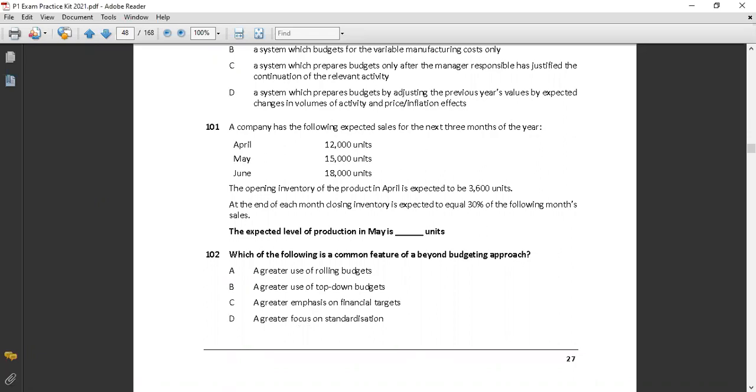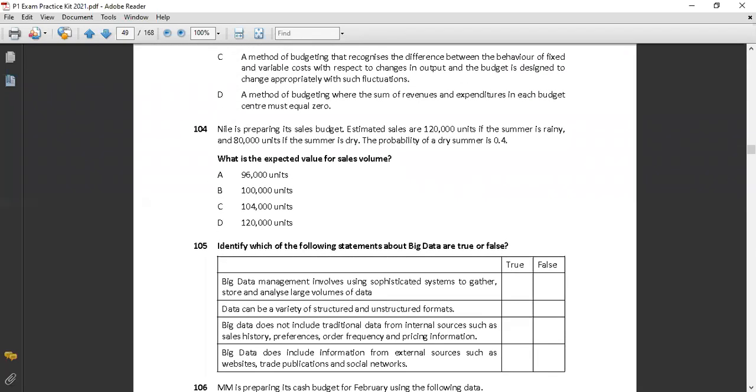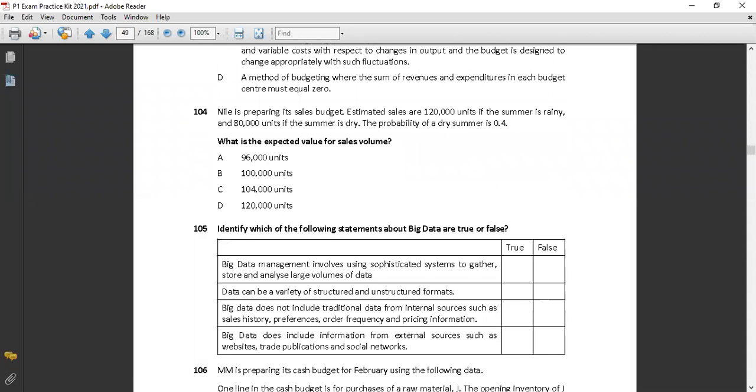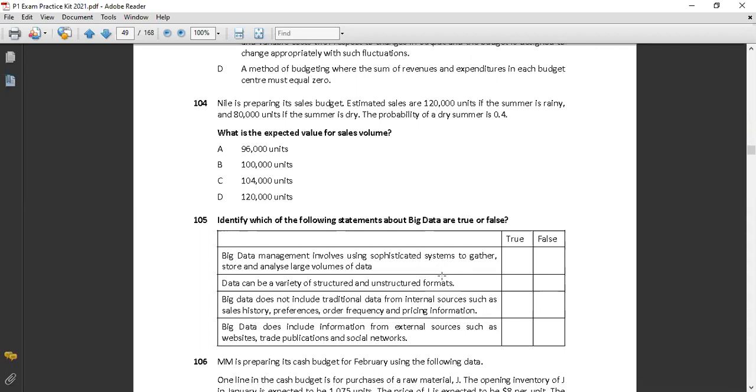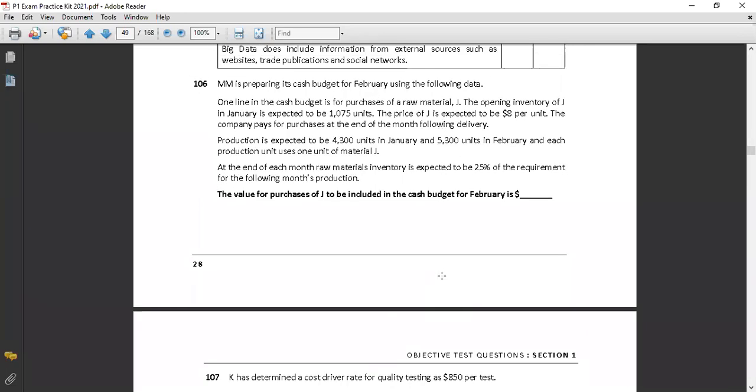After 101, we didn't do 104 because we didn't do forecasting techniques, isn't it? So we didn't do 104. Then how about 106?